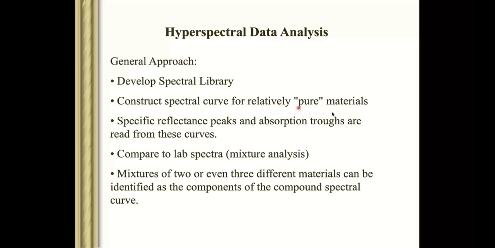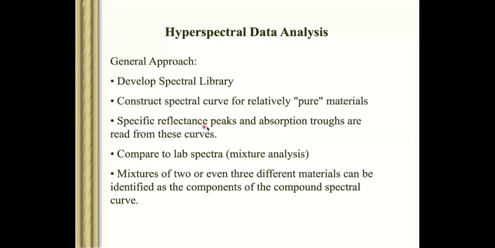So we need a spectral curve of pure materials, like we did for nitrate in our lab. We did it for some other chemicals too. If you want to do some other chemical analysis, you have to have a spectral curve first. Then we try to find the reflectance peaks, and then the absorption, which I told you is important.